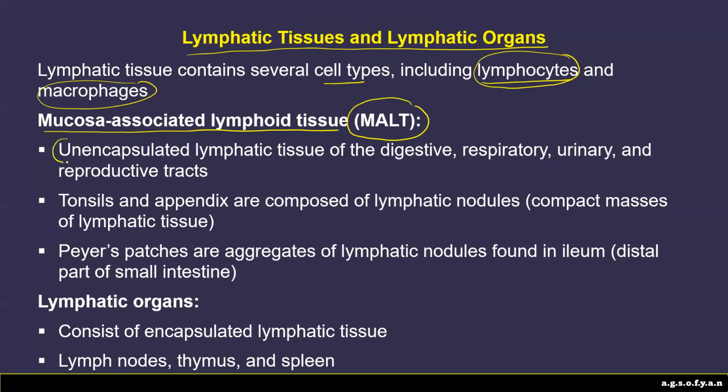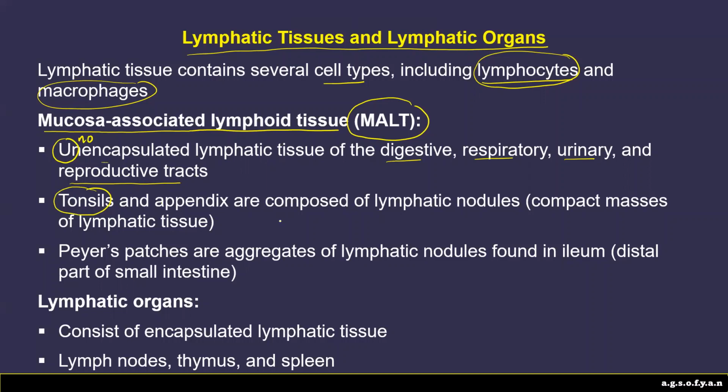This is unencapsulated. This means that it doesn't have capsules. It is lymphatic tissue that is not protected by a capsule, usually located in the digestive, respiratory, urinary, and reproductive tracts. Tonsils are also included in this type of lymphatic tissue, the one that does not have a capsule.